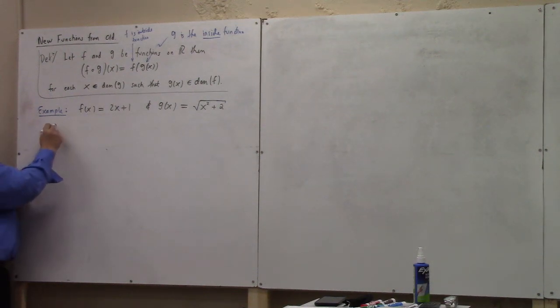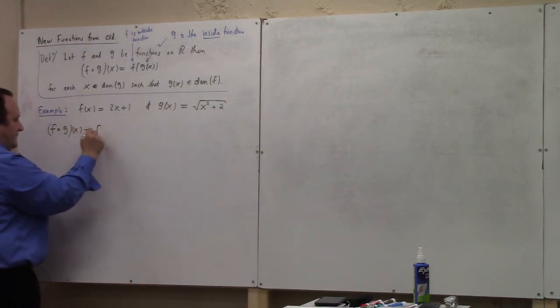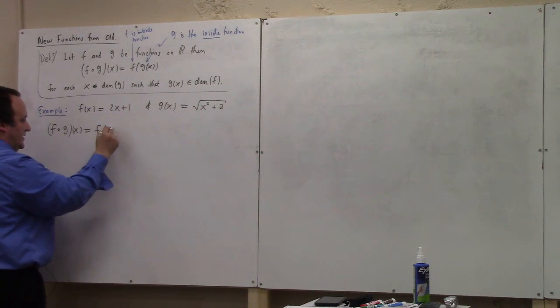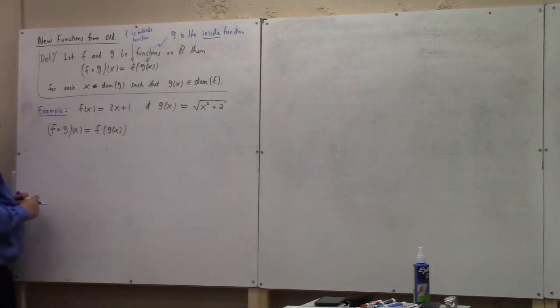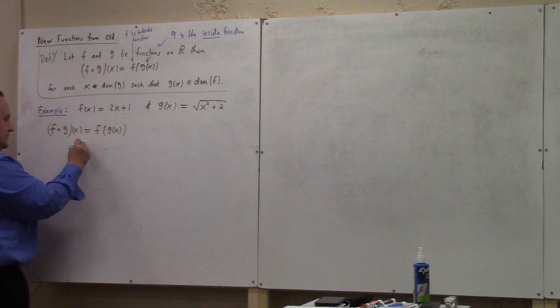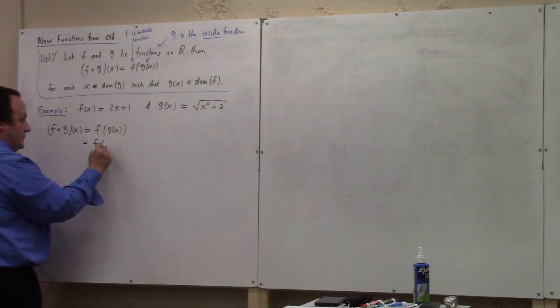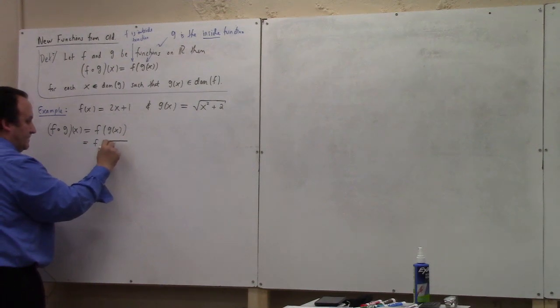What is the composite of f with g? f composed with g of x is f of g of x, right? So that means f of the square root of x squared plus 2.